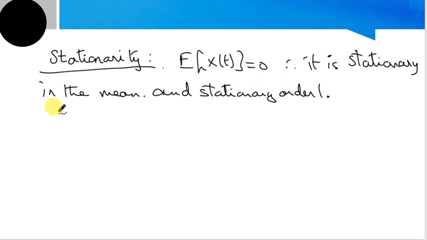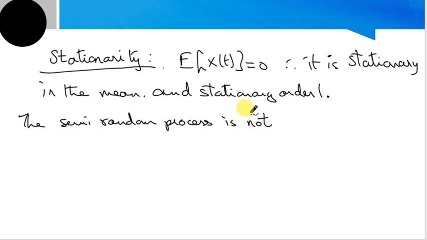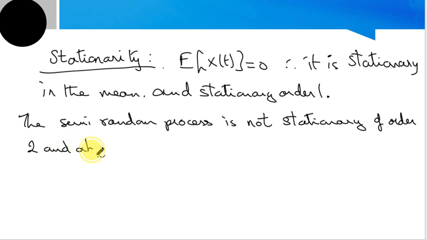However, the semi-random process is not stationary of order 2 and above, because the second order densities are not the same.